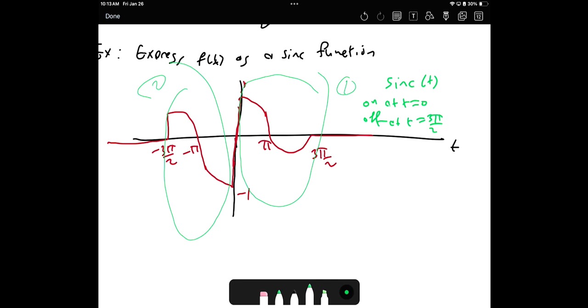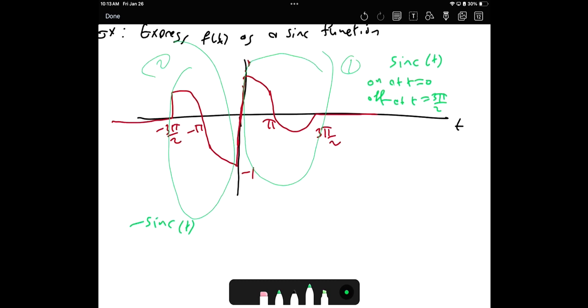Then let's look at the second portion. The second portion is negative sine of t. You will see the negative sine of t is on at 3 pi over 2, off at 0. Right? So this is the most important thing. Now, once you realize this, I'm ready to write it with u of t, because we know u of t has to do the on and off.